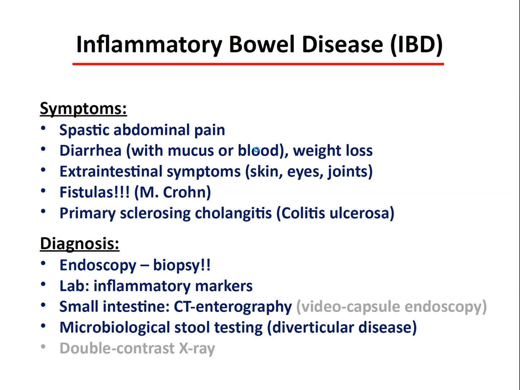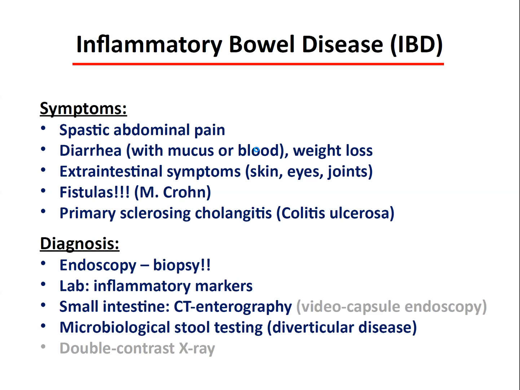Fistulas can occur, especially in Crohn disease, and primary sclerosing cholangitis, for example, can occur or be associated with colitis ulcerosa. The diagnosis means that we have an inflammatory process in the terminal ileum or the colon.